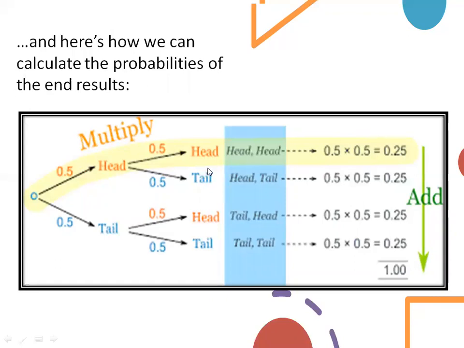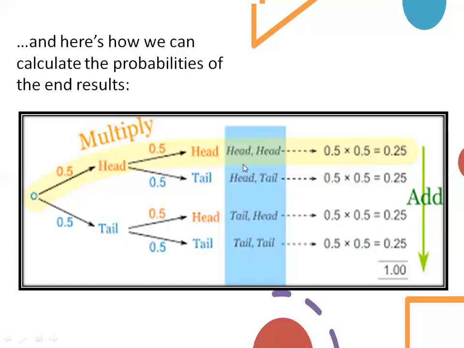So after tossing a coin twice, these four are the possible outcomes: head, head; head, tail; tail, head; tail, tail. These four combinations are the total outcomes of this particular experiment.